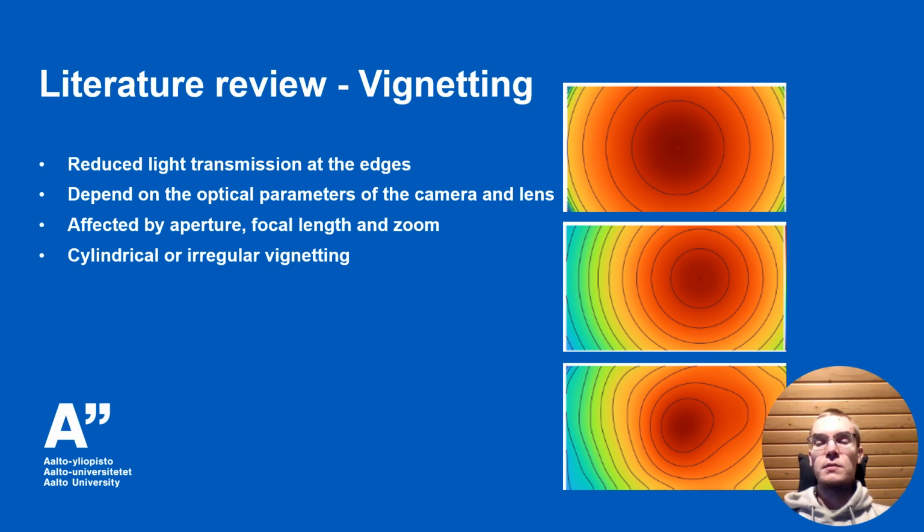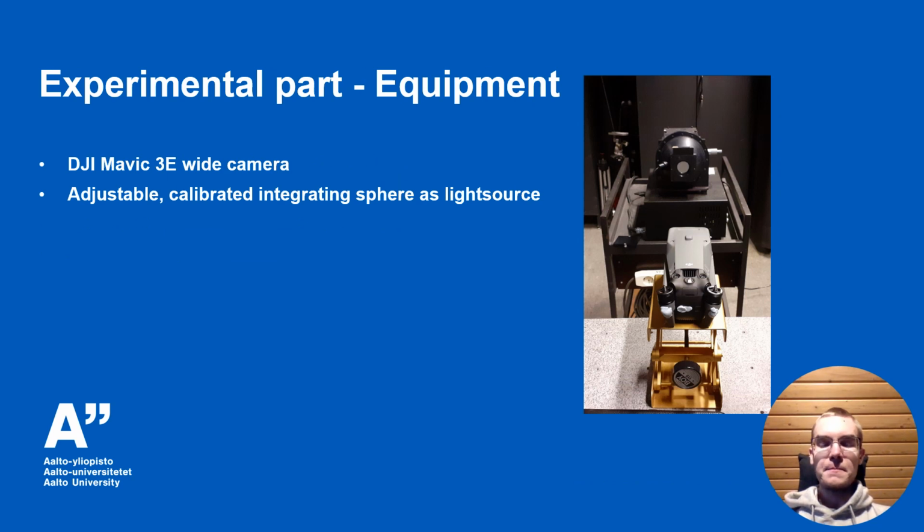It can also have an offset to one side, like in the middle picture, where the highest value is not in the center, but slightly to one side. Or it could be like the last picture, where it's completely irregular and each corner has its own behavior. So that was the theoretical part of the thesis.